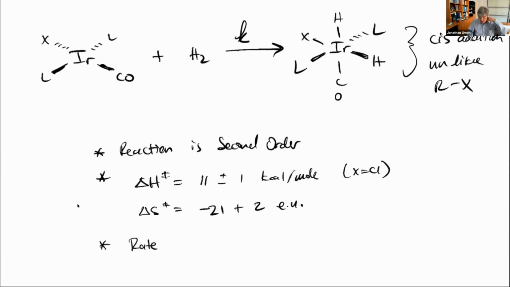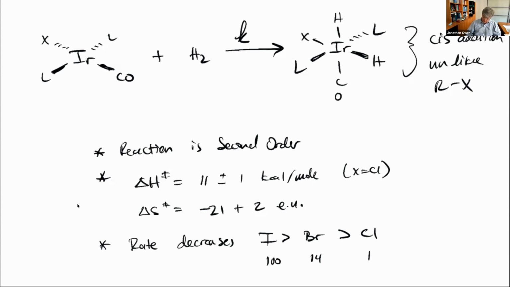The rate is sensitive to the halide, okay? Iodide is greater than the bromide rate or the chloride rate. You get a factor of 100 difference in rate on going from iodide to chloride. Iodide is faster.